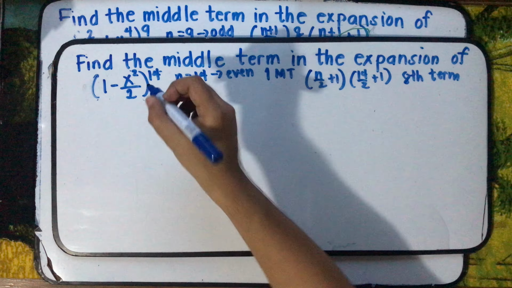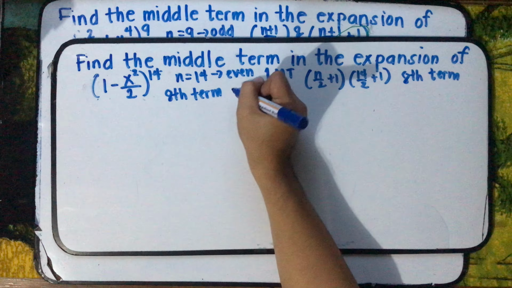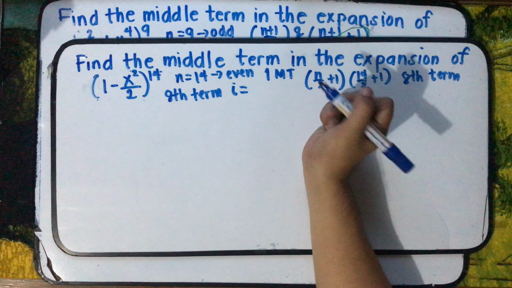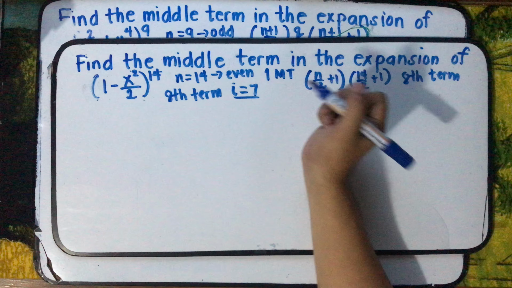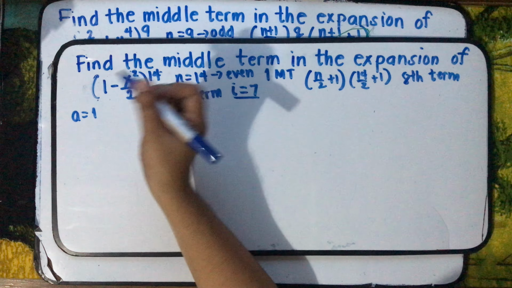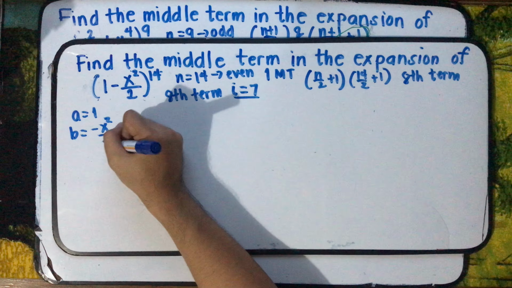So if we have the 8th term, therefore i should be 7. If i is equal to 7, we could say that a is equal to 1 and b is equal to negative x squared over 2.